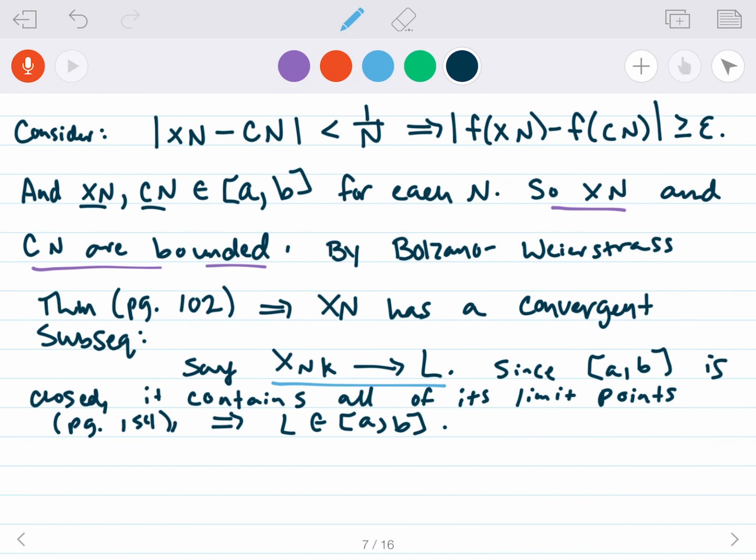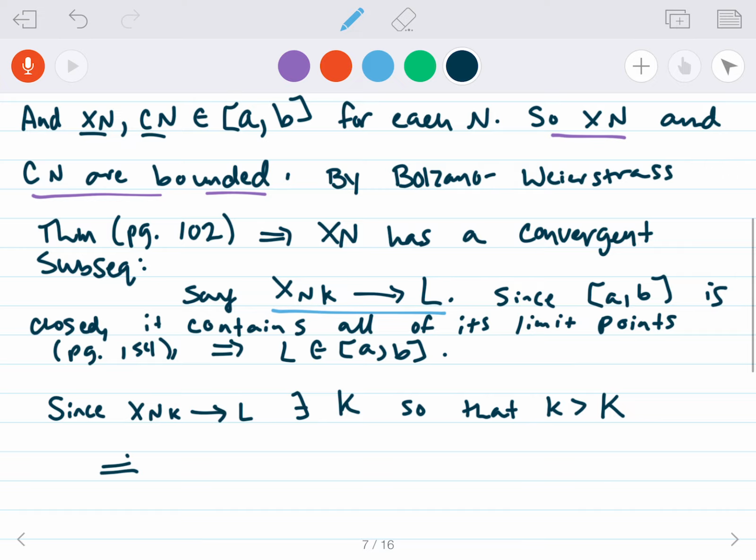Okay, and so because this subsequence converges to L, we can write this in terms of what it means for sequences to converge. Since the subsequence x sub nk converges to L, there exists a capital K so that whenever k is bigger than capital K, the distance between that subsequence and L is going to be less than epsilon over 2.